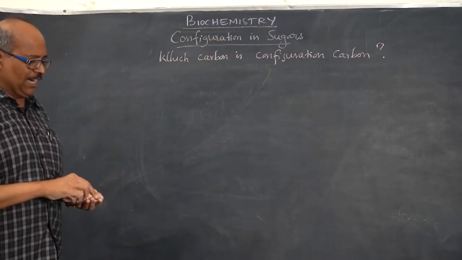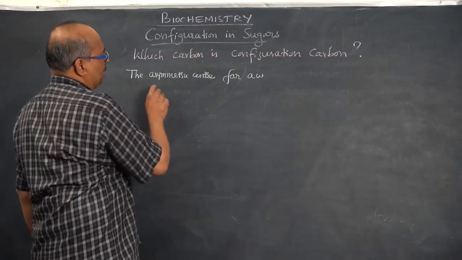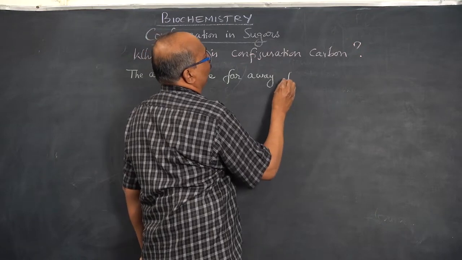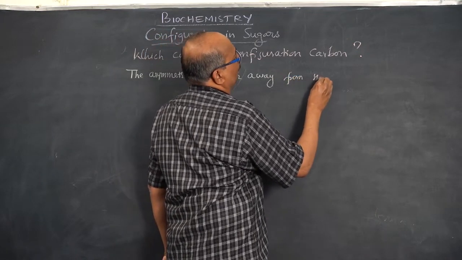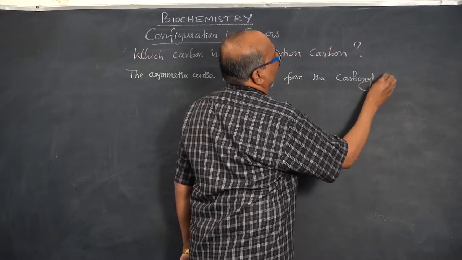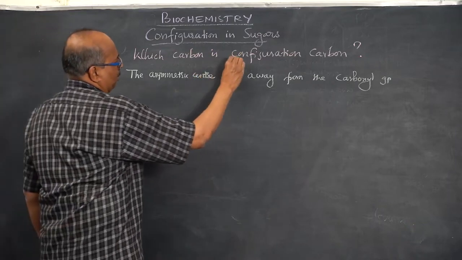Now the rule is relatively simple. The asymmetric center far away from the carbonyl group is taken as configuration carbon.